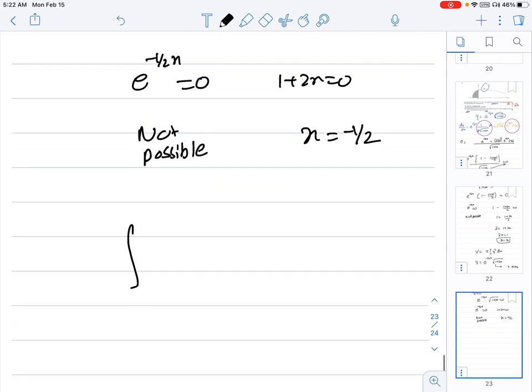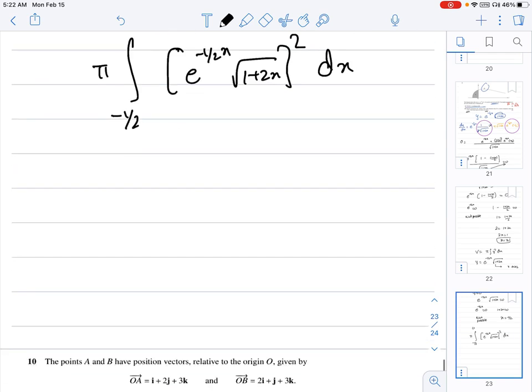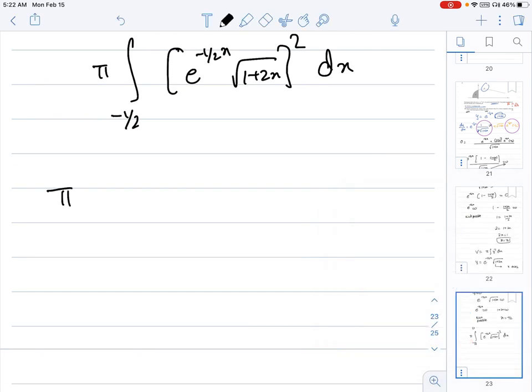So I use the limits minus 1 by 2 to 0, and pi y square, e to the power of minus half x square root of 1 plus 2x whole square dx. So it becomes pi integral from minus 1 by 2 to 0 of e to the power of minus x times 1 plus 2x dx.